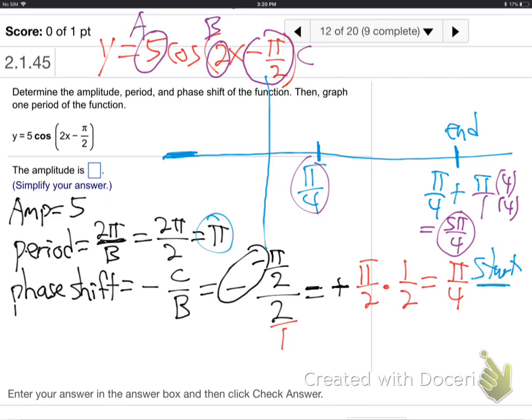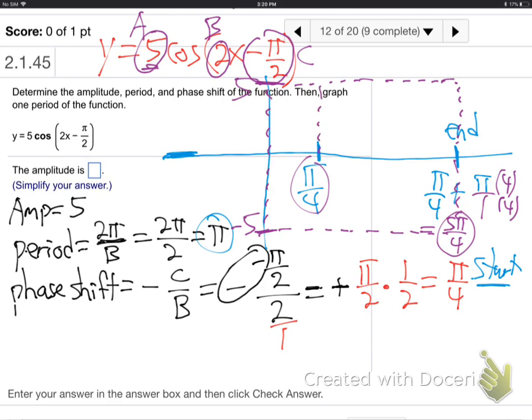Are we good? All right. And now how high and low? 5. So it goes up to 5, down to negative 5. So I'm going to do the dotted box. You don't have to. So I made a box which goes, oh wait, why did I go to 0? That was a bad box.